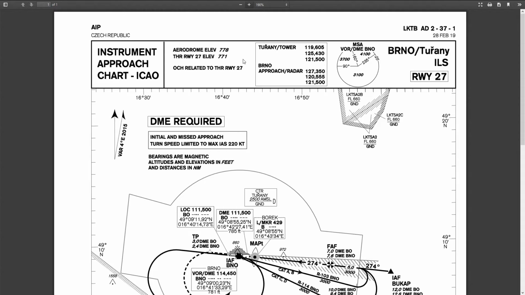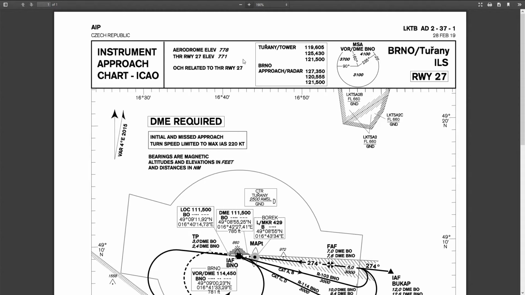Then you have the frequencies, another important thing for the flight, as you know. Then you have the minimum radar vectoring altitudes in the sectors according to the aerodrome reference point. So when you are at 090 or lower, then you have 3,100 feet minimum radar vectoring altitude.